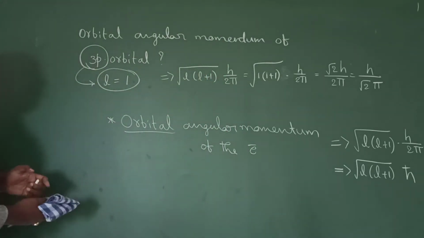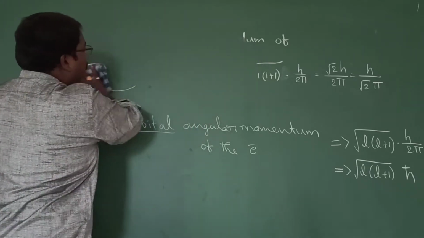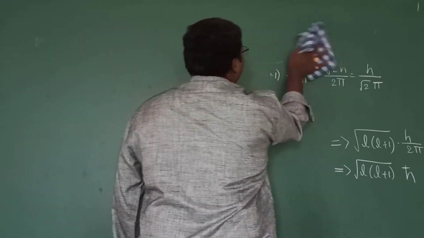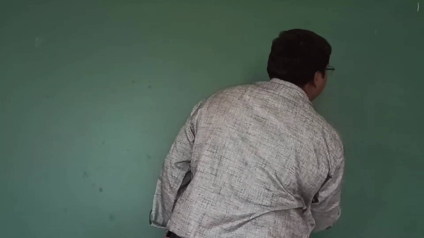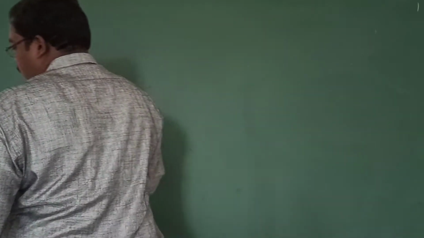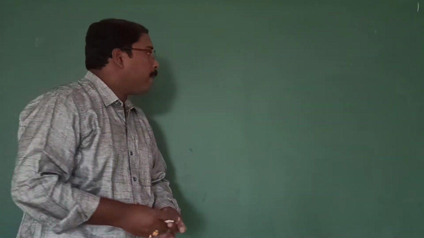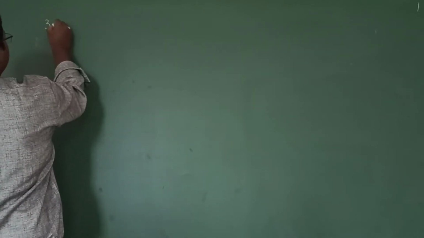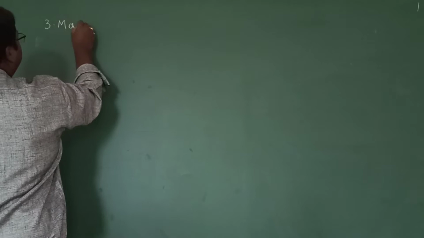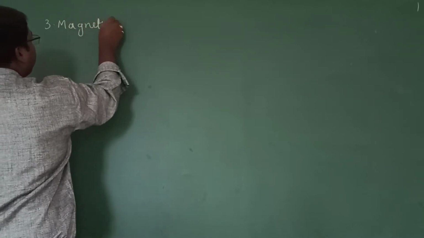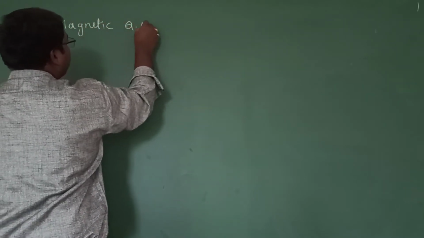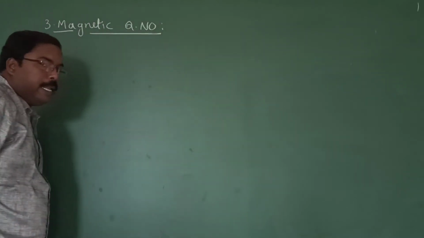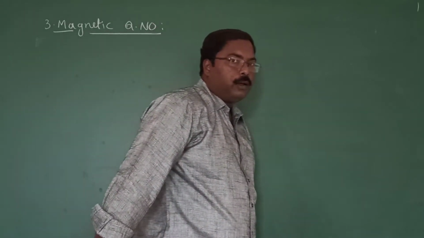And this is about the azimuthal quantum number and the energy of the orbitals. Now coming to the next quantum number, the third one, that is the magnetic quantum number. This is one of the typical quantum numbers. Okay?